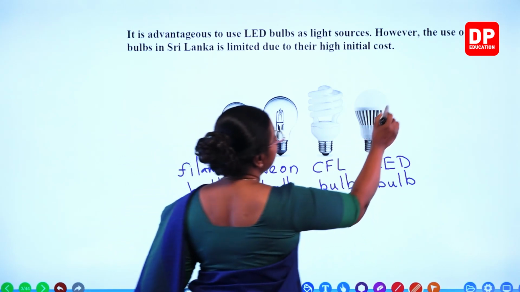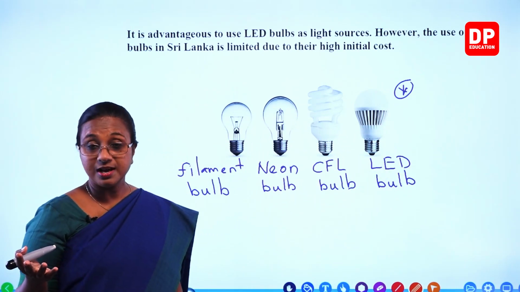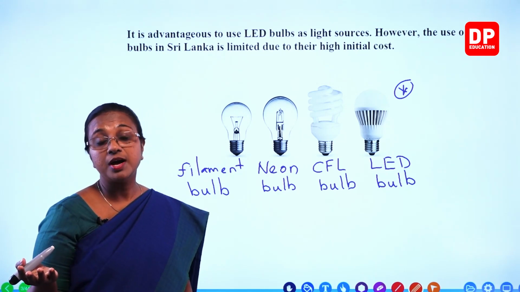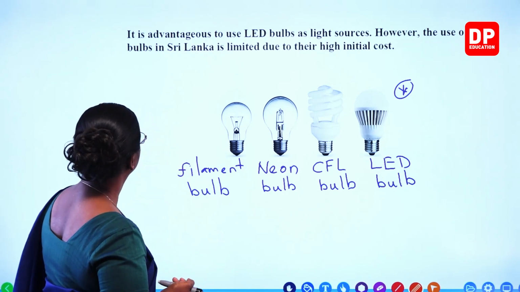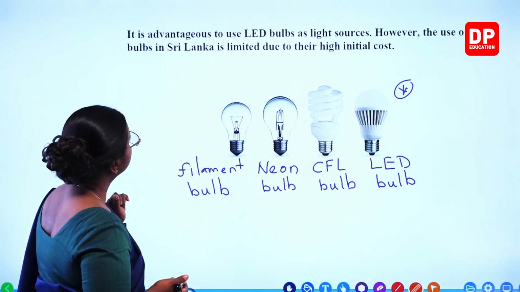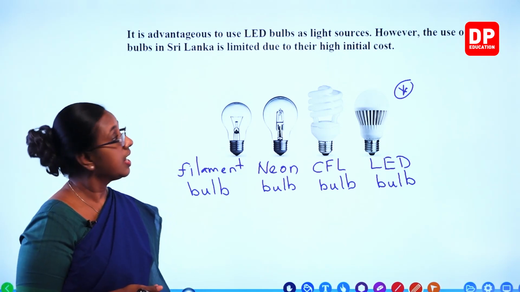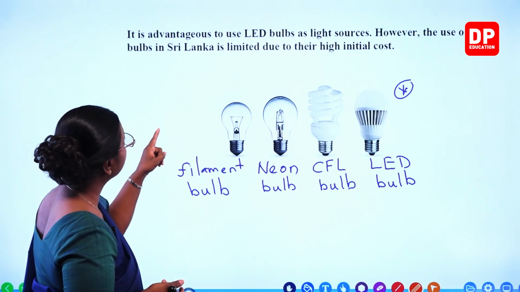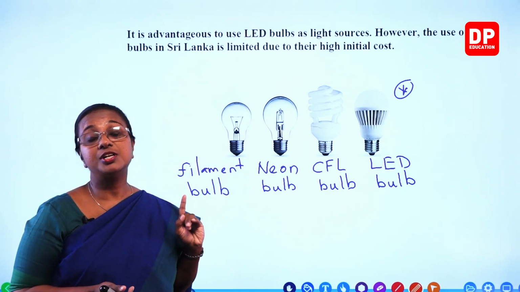So 4 different types are shown to you, and we have already discussed which is more efficient. Now the LED has a very long lifetime, about 50,000 hours, and it consumes only 6 to 8 watts of electric power. So that is more efficient. It is advantageous to use LED bulbs as light sources. However, the use of LED bulbs in Sri Lanka is limited due to their high initial cost.